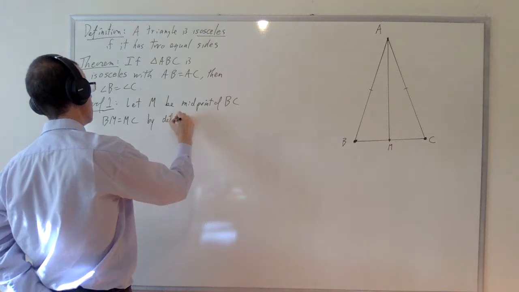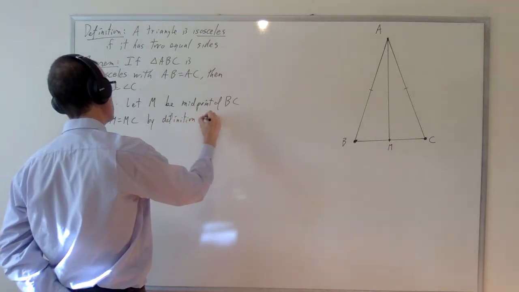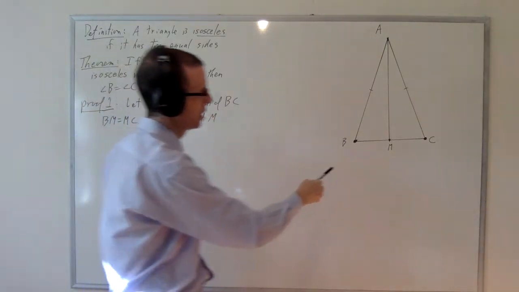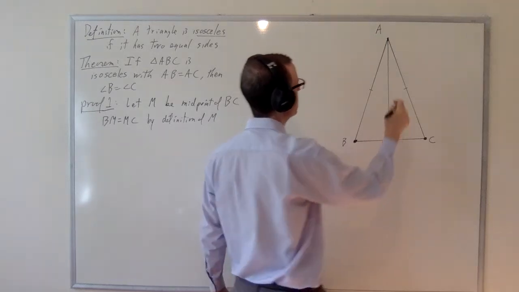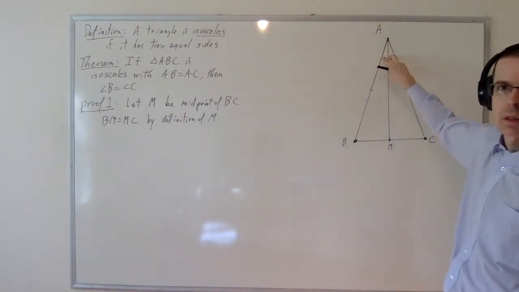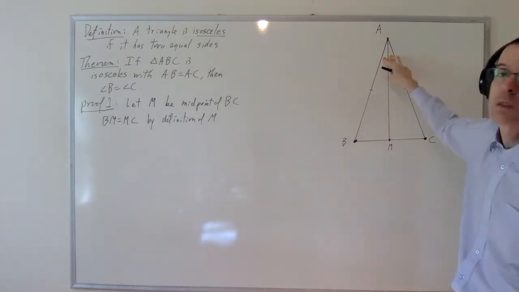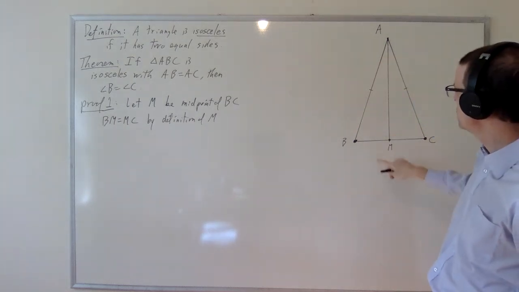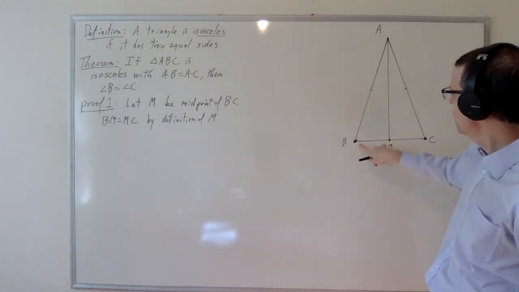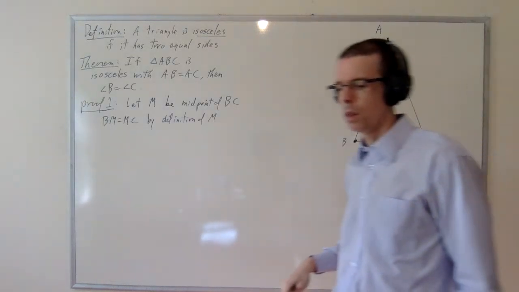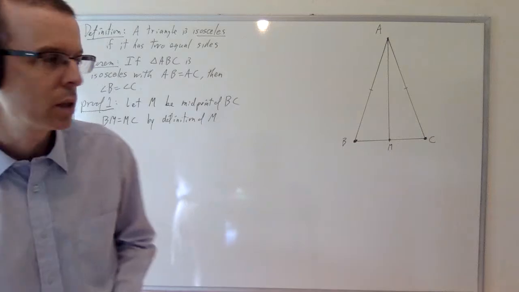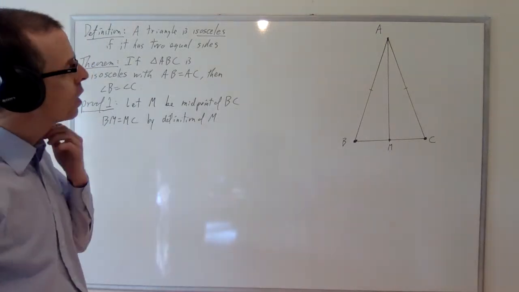The definition of M does not guarantee us that this is a right angle. It does not guarantee us that these two angles here are equal, even though all of that seems to follow, and does follow eventually. But the definition of M only immediately guarantees us that BM and MC are equal in length, because it's chosen to be the midpoint of that segment.